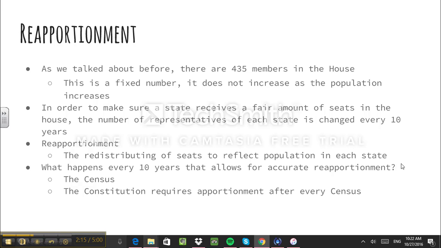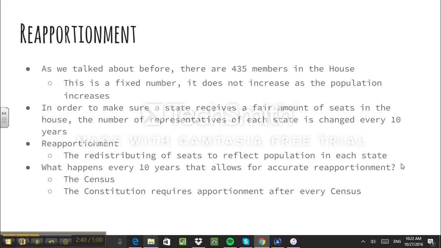So if for some reason Alaska were to have a large influx of immigrants or a high birth rate that made it have a huge population increase, then they would be given more members in the House, more seats in the House. So how are we able to see the population in each state?